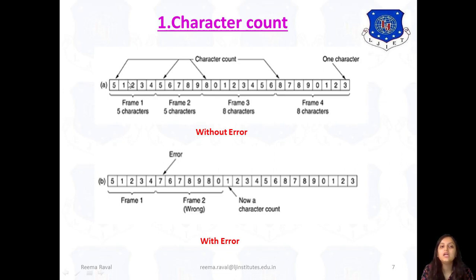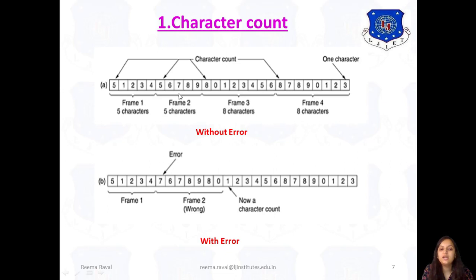That means how many characters are there in this particular frame. Here in frame 1, the first field is 5. That means this entire frame has 5 slots, as you can see, 1, 2, 3, 4 and 5. In these 5 slots, the first slot indicates the character count, that means the count of the particular frame, and the rest are the data.